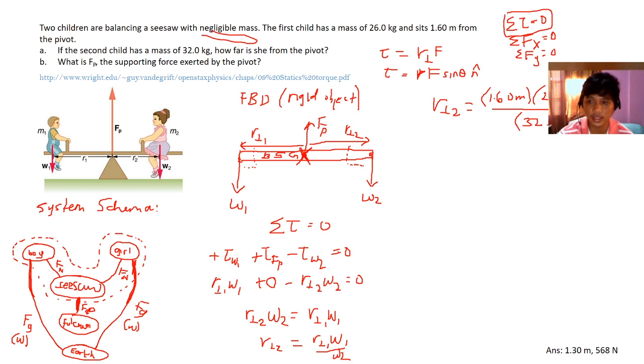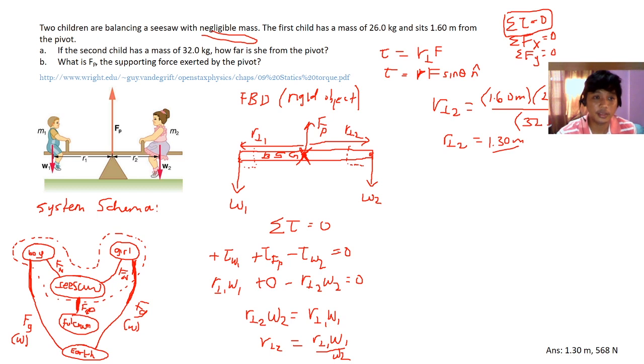So this is gonna cancel out. It becomes just a matter of the masses and the distance. I have a calculator here, and let's hope I get 1.3 meters because that's what it says at the bottom. And true enough, I get 1.3 meters. It's a fairly easy problem, right?